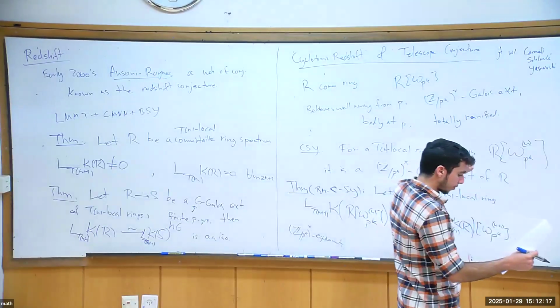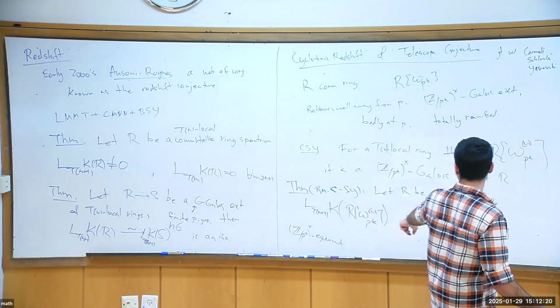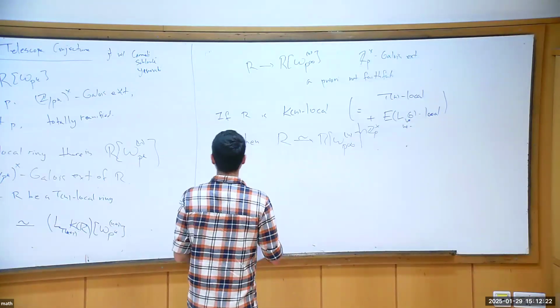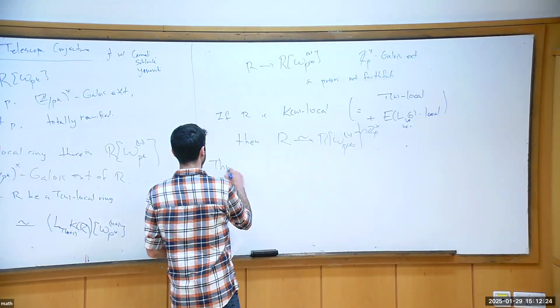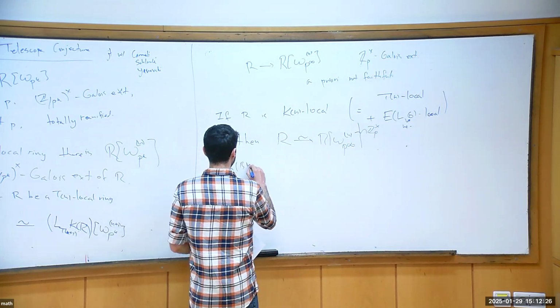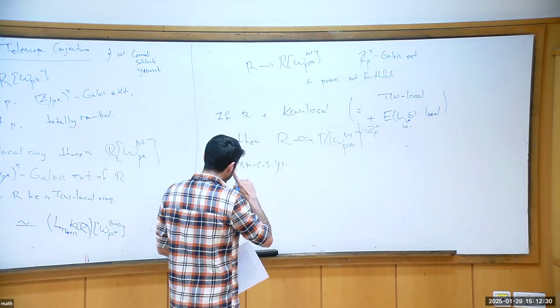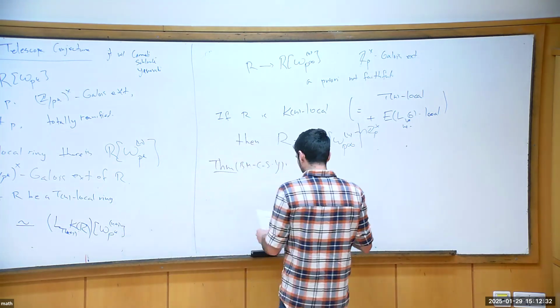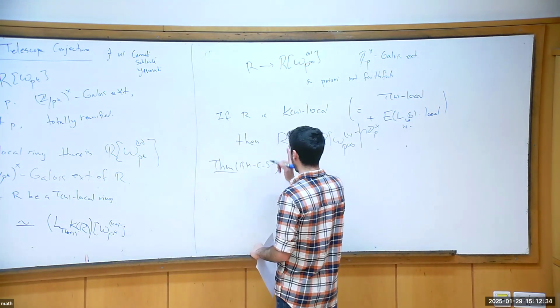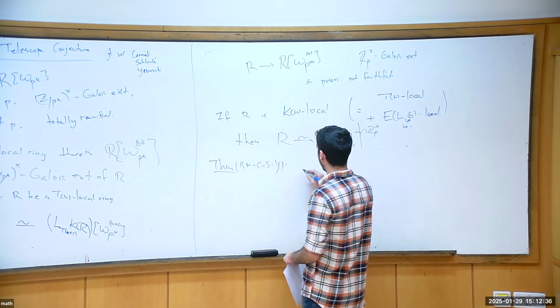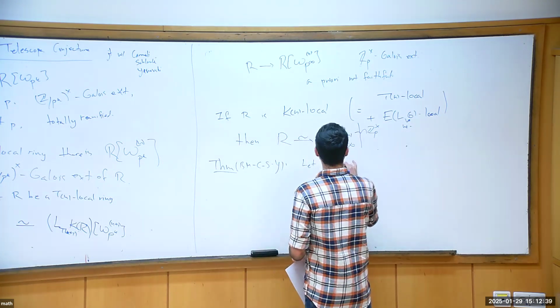And if you combine this with this fact, you get the following result. Let R be T_n local, so I'm not assuming that R is K_n local, I only need that it's T_n local.